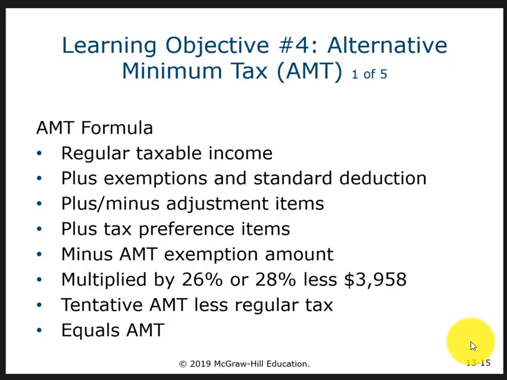Then, like I mentioned earlier, you compare that to the regular tax, and the difference is the add-on AMT. If your AMT is lower than your regular tax, you can ignore it, and you don't have to worry about it.